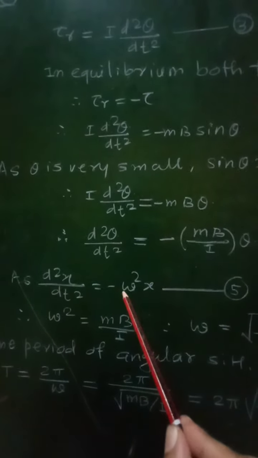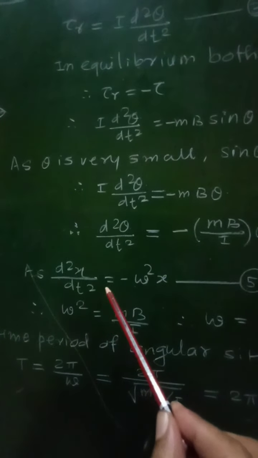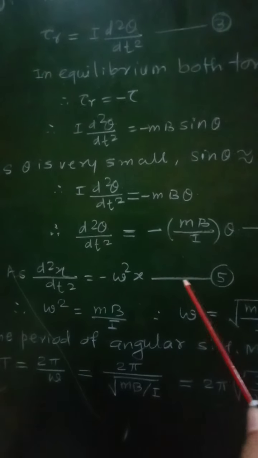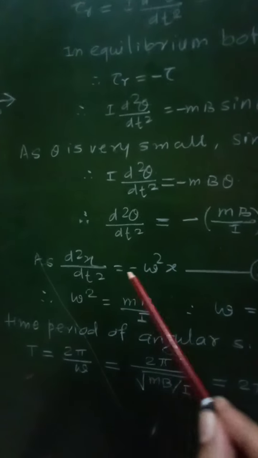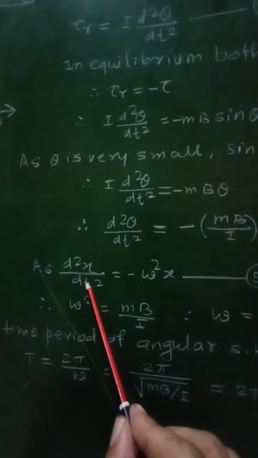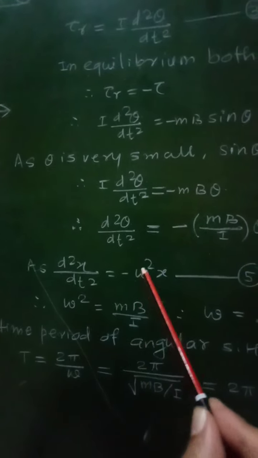As it is constant, we can say that this linear acceleration is directly proportional to linear displacement, equation number 5. Such an equation is valid in case of simple harmonic motion, so this equation represents linear simple harmonic motion, that is, linear SHM.